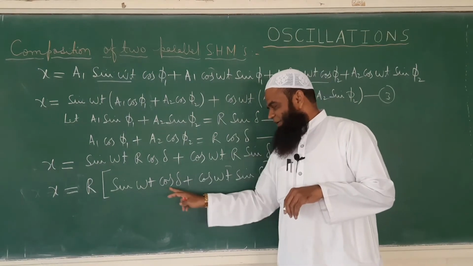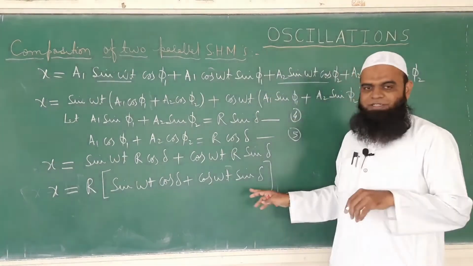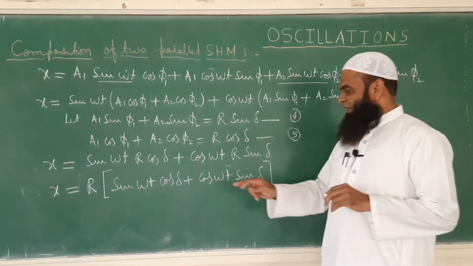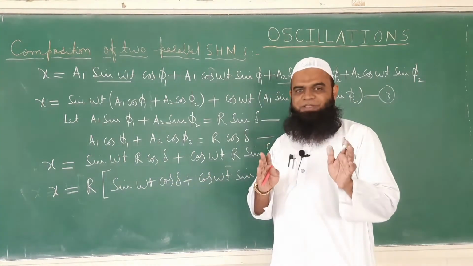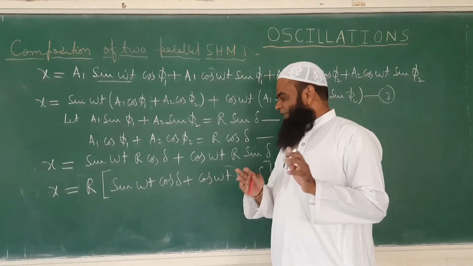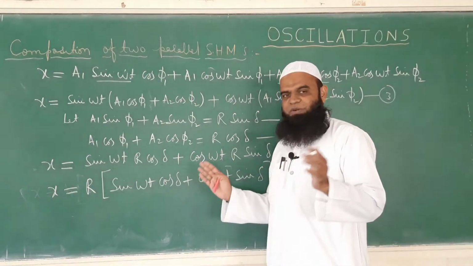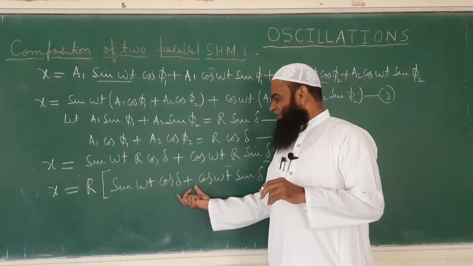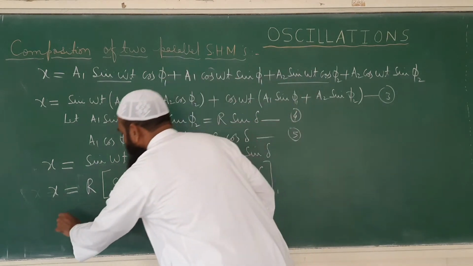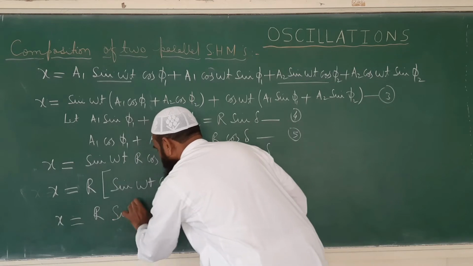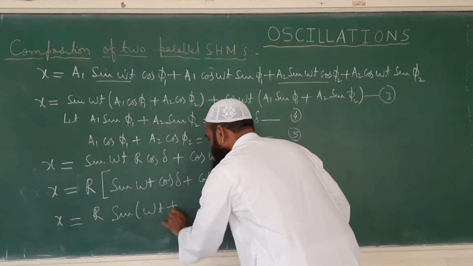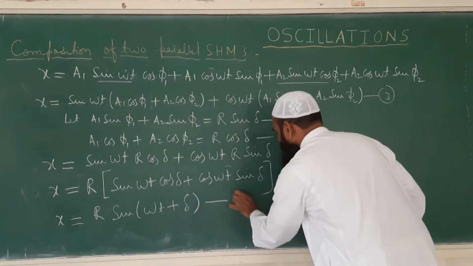So sin omega t cos delta plus cos omega t sin delta is nothing but the expansion of sin omega t plus delta, as sin A plus B is equal to sin A cos B plus cos A sin B. So here we can write x is equal to R sin omega t plus delta, equation number 6.